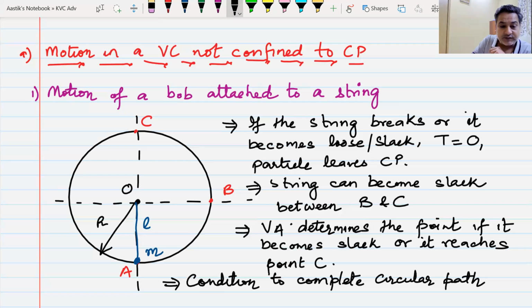Minimum velocity? I never use the word velocity anywhere.